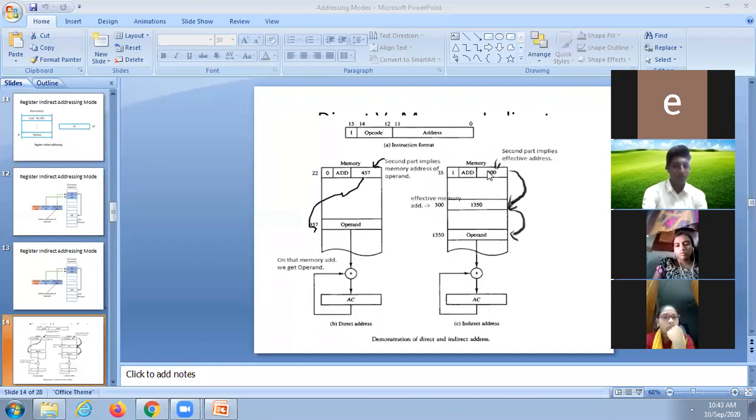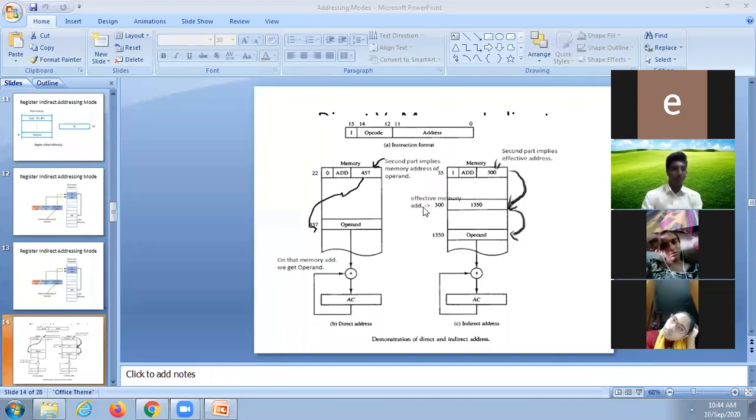Then here the most significant bit is 1, and add. That means this is the total opcode. This opcode function represents an indirect addressing mode instruction. Here add 300. What does this 300 contain? Location 300 contains the address of the operand, not the actual value.